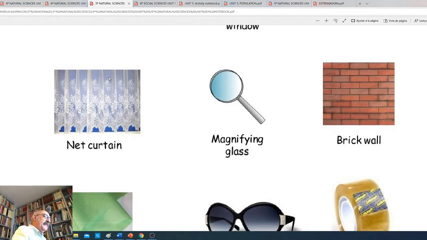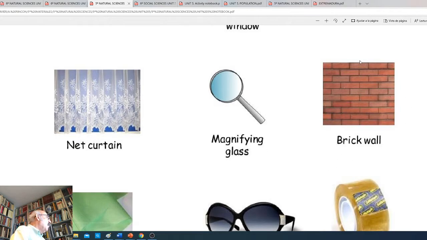So, what do you think? A net curtain, we're talking about that. Pablo de Soto, I'm waiting for you. Translucent, very good, Celia, very good.